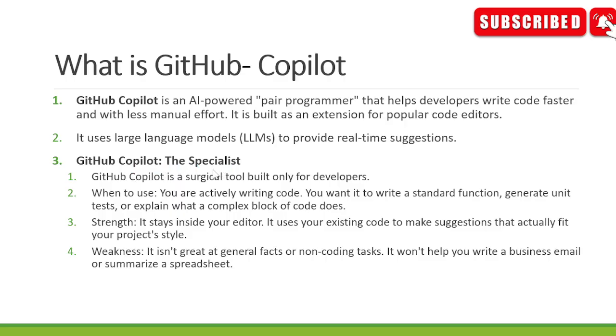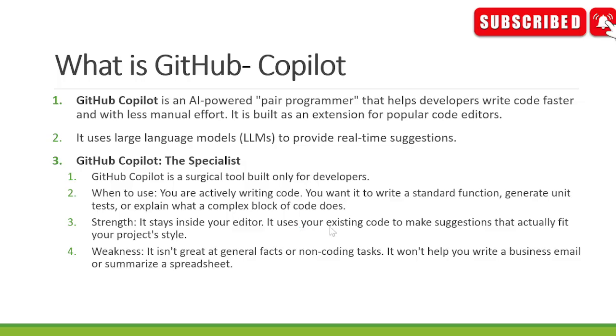So GitHub Copilot, the specialist. GitHub Copilot is a surgical tool built only for developers. When to use? When you are actively writing code. You want it to write a standard function, generate unit tests, or explain a complex block of code. So this is the main use of Copilot. The strength: it stays inside your editor.